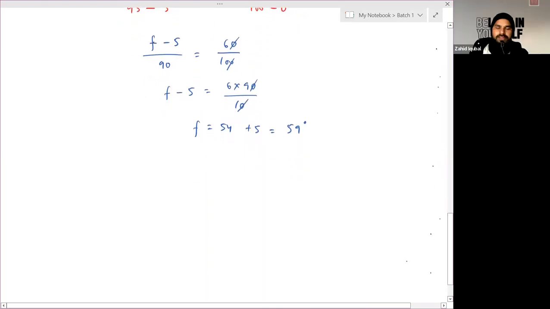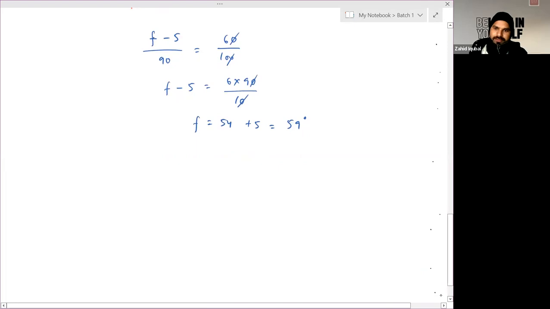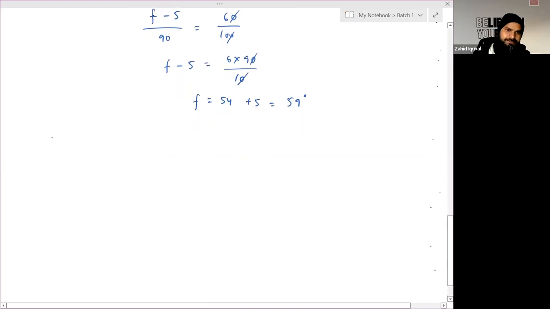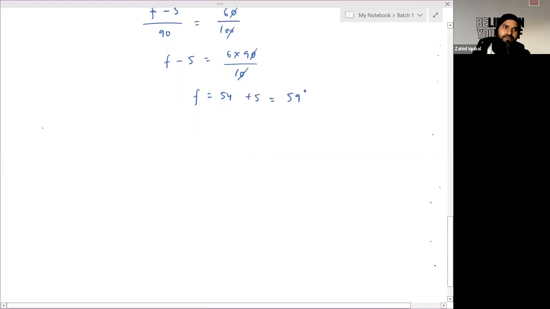Okay, so this is all introductory part of this particular chapter. Next is thermal expansion. Why do solid expand on heating?